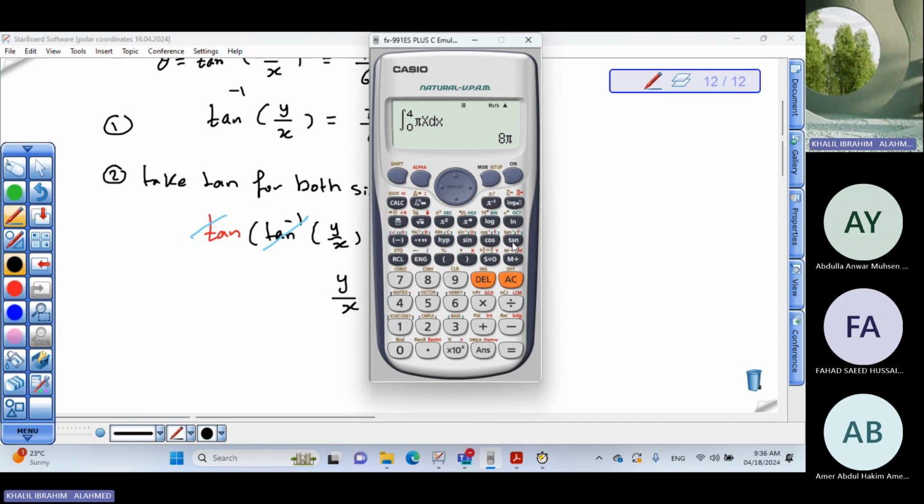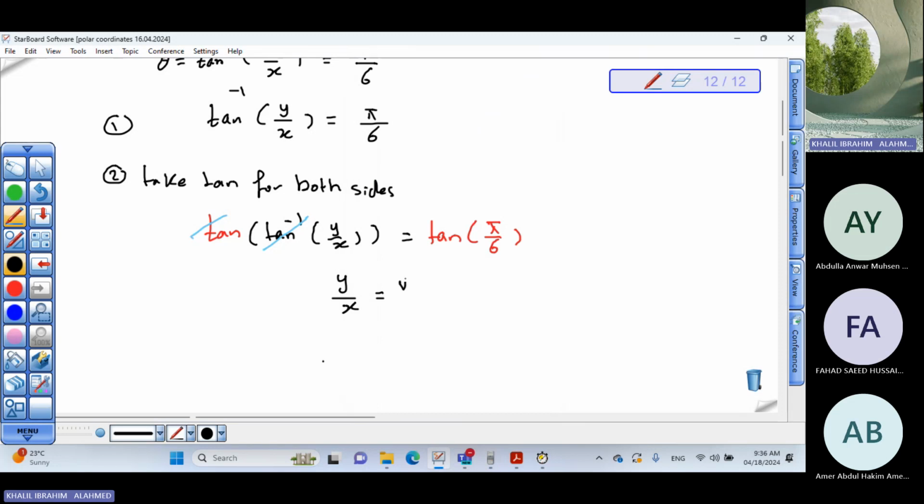This is tan of pi over 6. But here you should set your calculator to radians. The answer is radical 3 over 3. This is the equation.